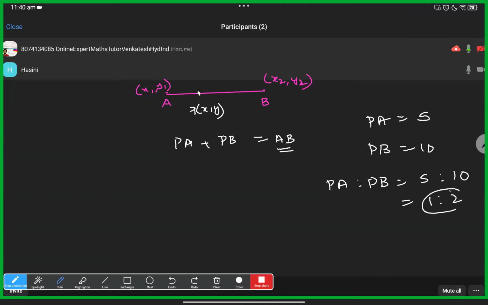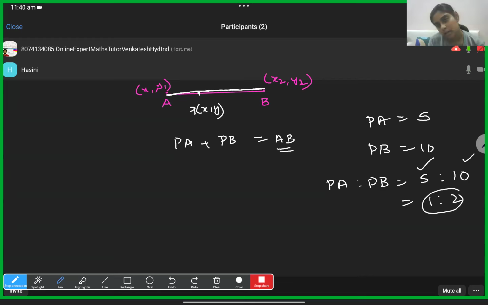They will give us the ratio like that. They'll say that P(x, y) divides the line segment joining A and B in the ratio 1:2.